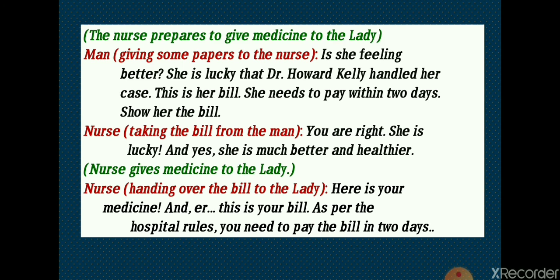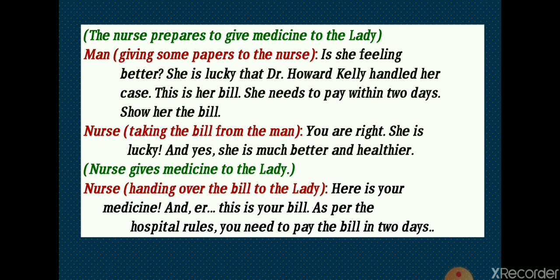The nurse prepares to give medicine to the lady. Man: Is she feeling better? She is lucky that Dr. Howard Kelly handled her case. This is her bill. She needs to pay within 2 days. Show her the bill. Nurse: You are right.